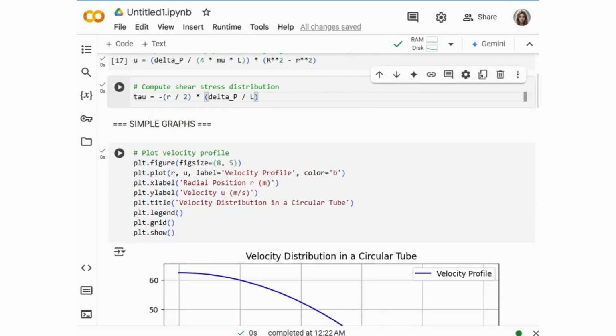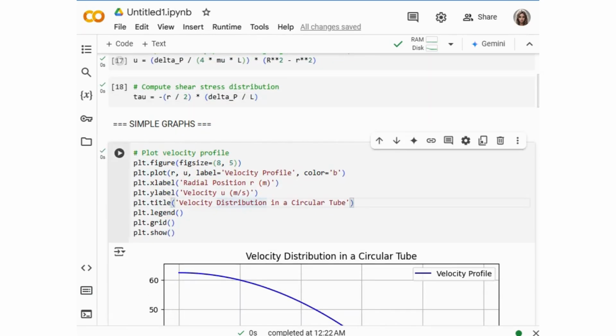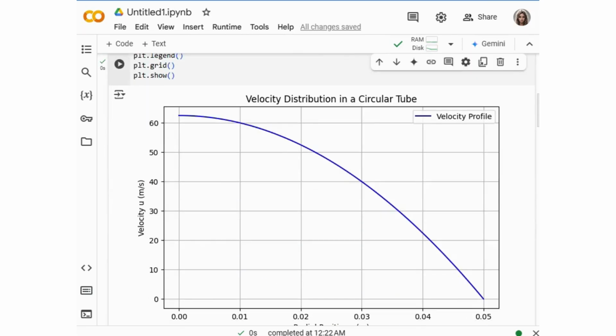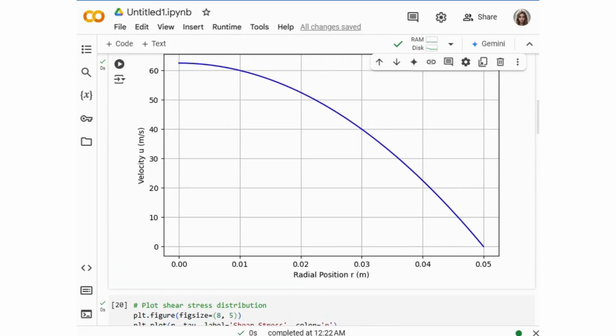Okay, then let's begin plotting some graphs. So here is the velocity distribution in a circular tube, where the x-axis represents the radial position and the y-axis represents the velocity. The parabolic shape confirms that the velocity is maximum at the center and decreases towards the wall.